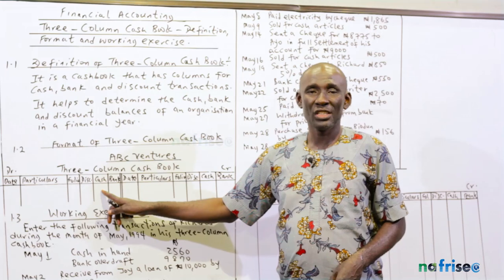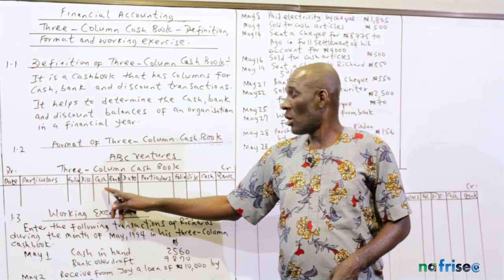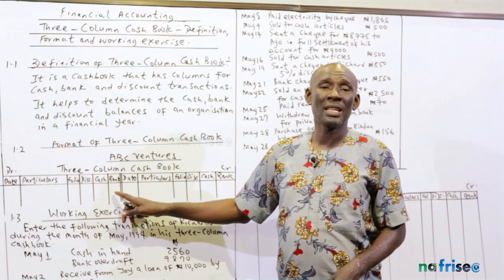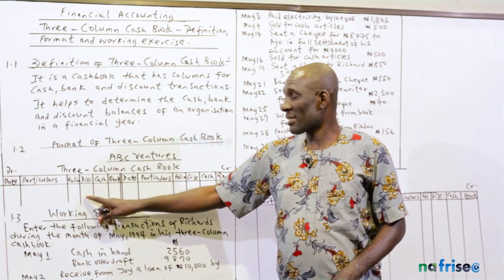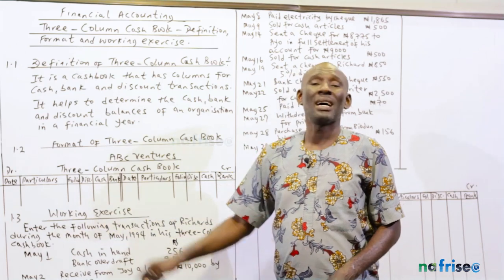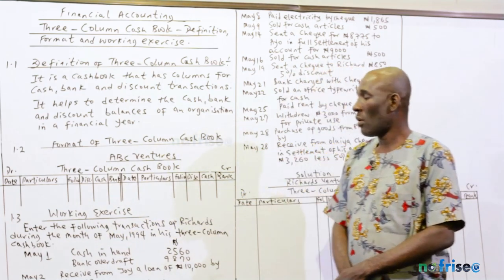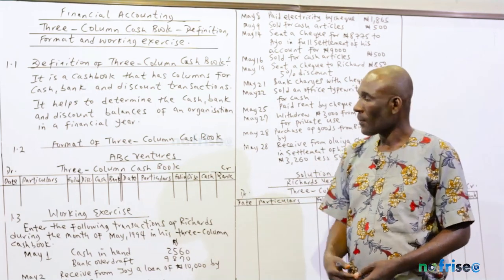If it is cash transaction, it will be recorded under the cash column. But if it is check, it will be recorded under bank. If a discount is involved in it, it will come under discount column. We shall see that in the course of this session.